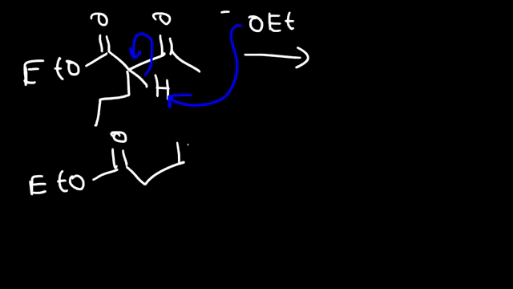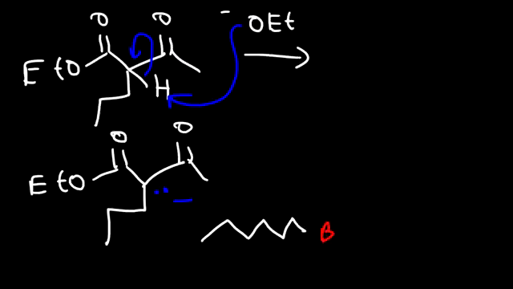And now we can add the second R group. So the carbon with the negative charge is going to react with hexyl bromide. And so we're going to get this product for the fourth step.